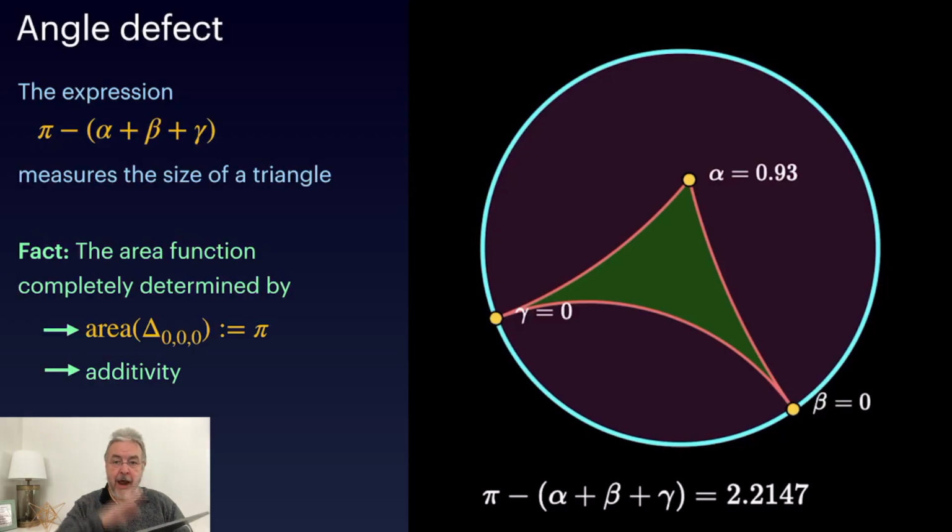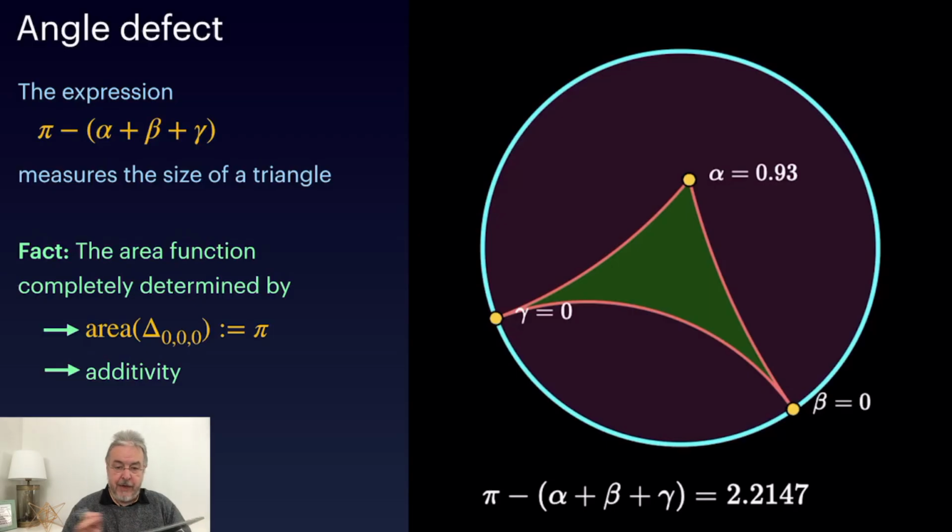So if you have two areas and place them next to each other, the area of the entire figure will be the sum of the areas. And one, I would say, arbitrary definition by saying that if we have a triangle with all angles being 0, then we define this area to be pi. And we will see that from these two facts the area function is completely determined.